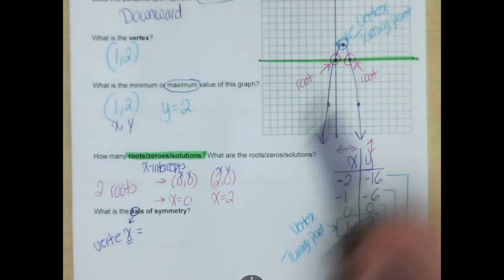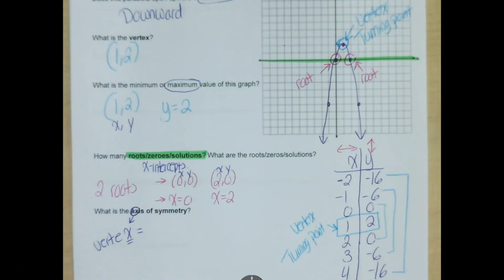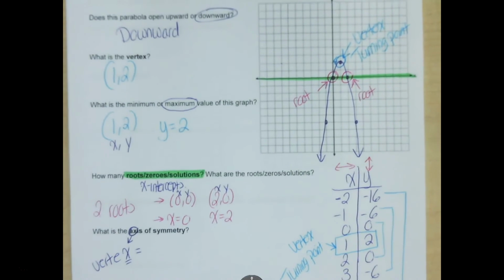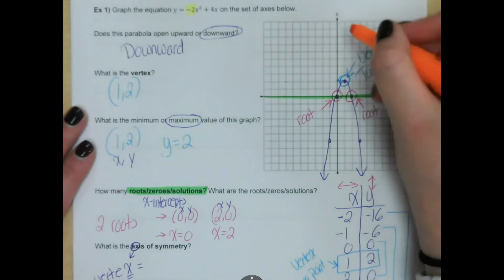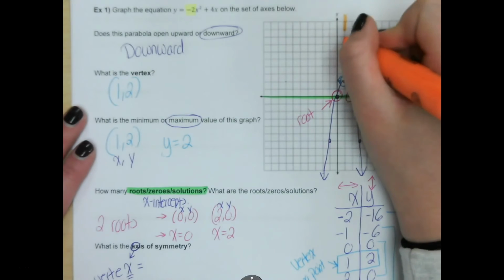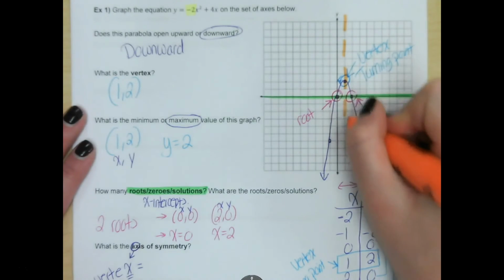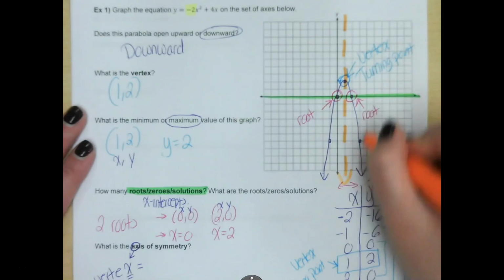I know that if something is symmetric, that means I really want to cut it right down the middle. I want to cut it in half. So I'm going to go back to my graph here, and I want to highlight a line that's going to cut my parabola, this quadratic, in half. And I can see it's going to go right through my vertex. That's why I'm supposed to look at my vertex.